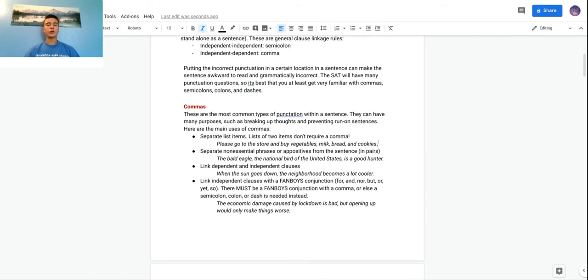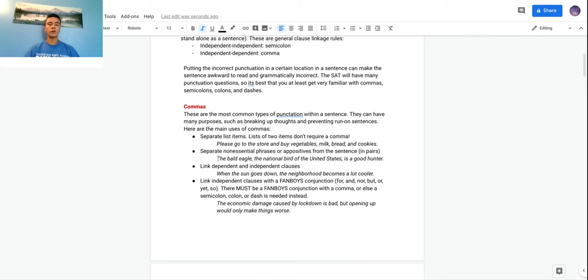The next one is separating non-essential phrases or appositives from the sentence. If you haven't learned what an appositive is, I think we learned it back in 6th or 7th grade. It's just a descriptive phrase. It'll be a noun, then a comma, then the appositive to describe it, and then another comma. So these commas are used in pairs.